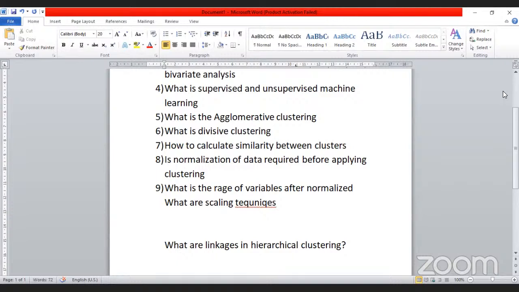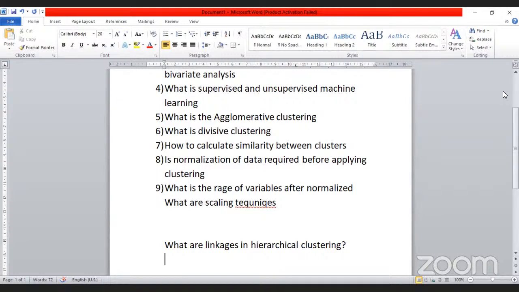So the question is, what are linkages in hierarchical clustering? Linkage is a criteria based on which distance between two clusters we are going to compute to calculate the similarity, right?